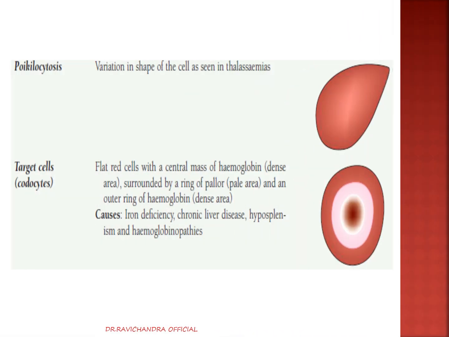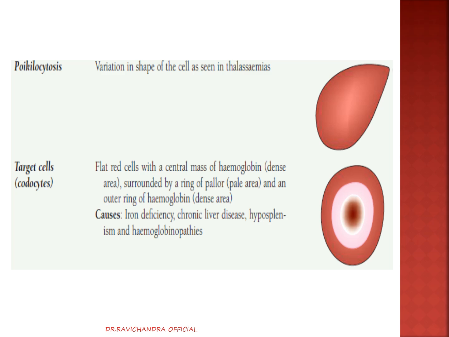Poikilocytosis is variation in the shape of the red blood cells as seen in various conditions. Among them, thalassemia is the most common one. Target cells, which are also called codocytes, are flat red cells with a central mass of hemoglobin, which is a dense area, surrounded by a ring of paler area, and an outer ring of hemoglobin, again a dense area.